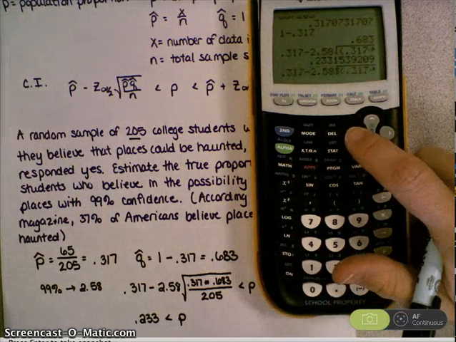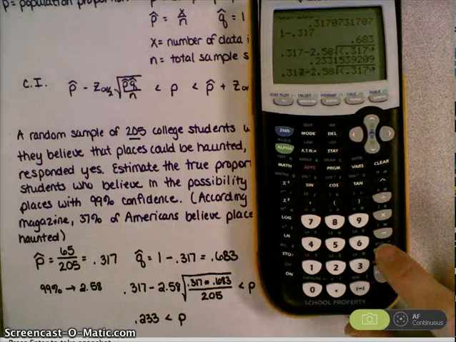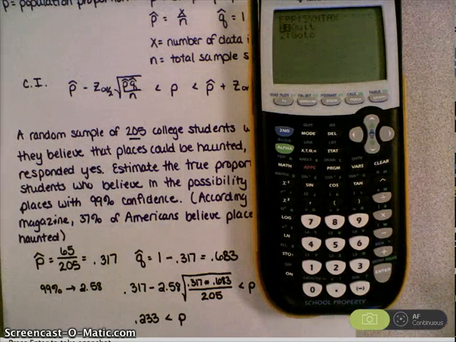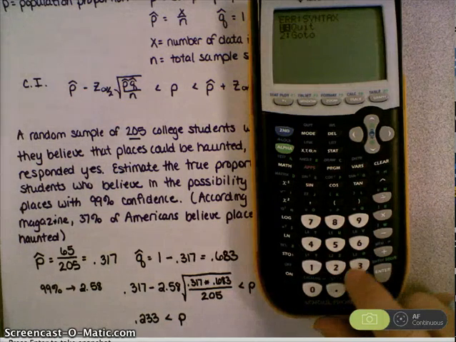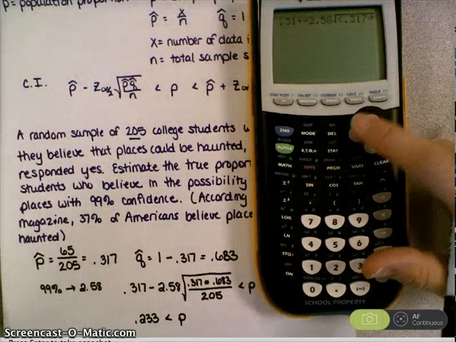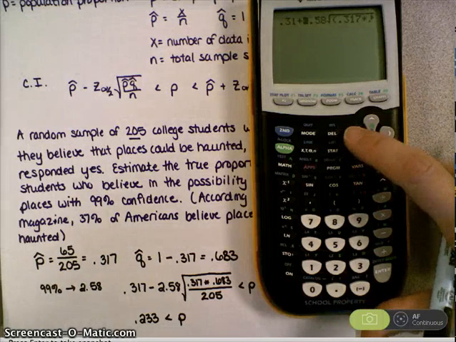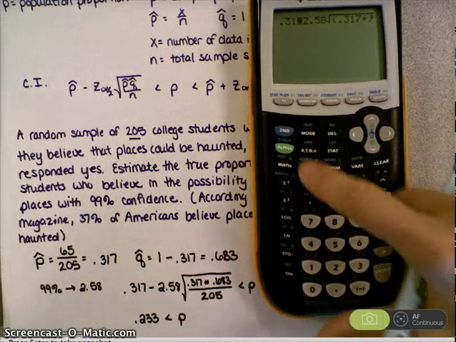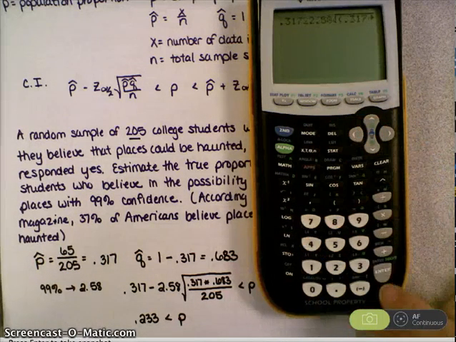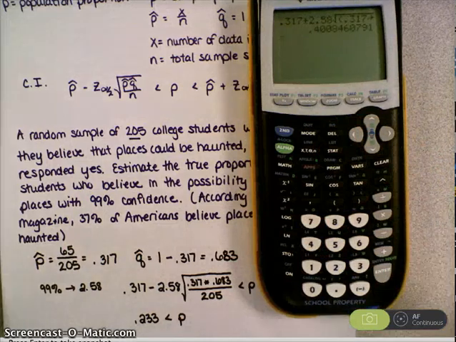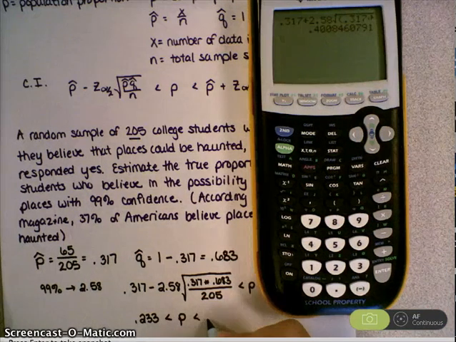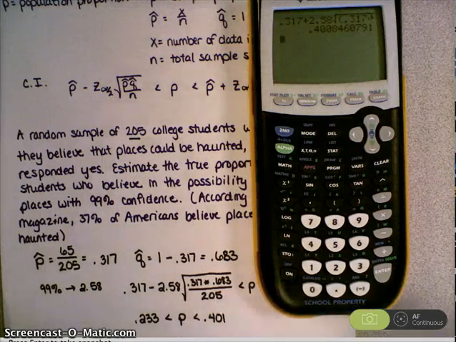I'm just going to arrow back to the minus sign and change it to plus. Oops, I put it in the wrong spot there, so let's insert a 7 here. There we go. And we get the upper end being 0.401.